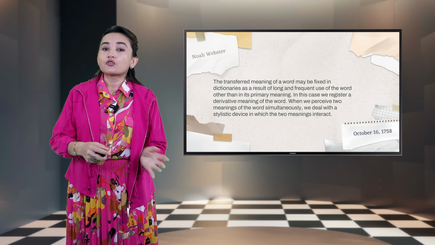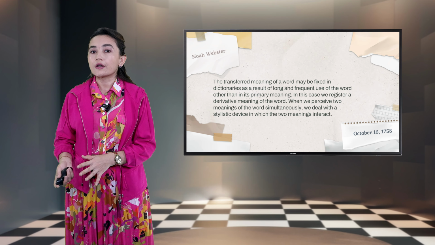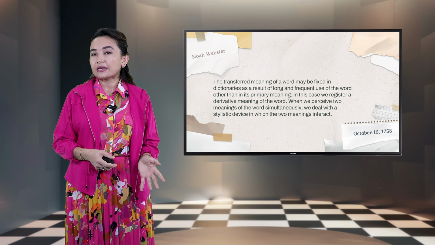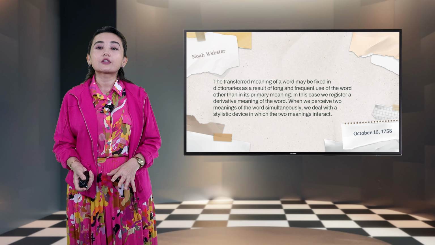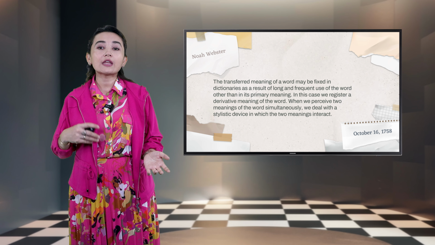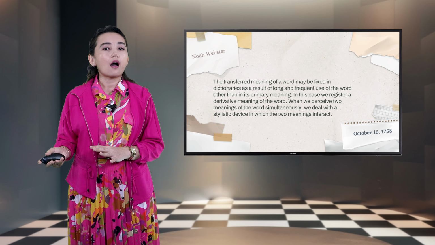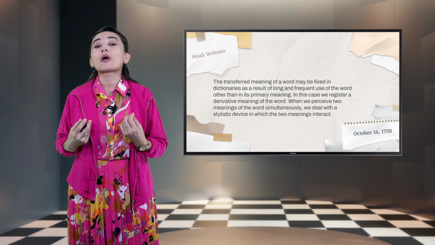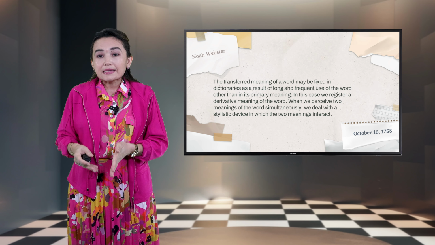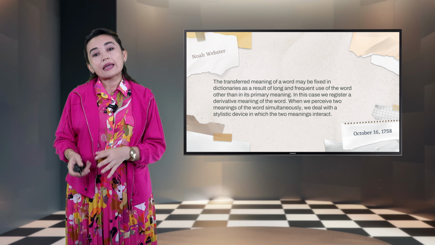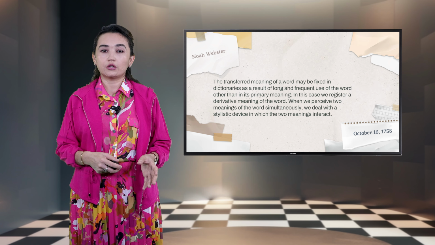The transferred meaning of a word may be fixed in dictionaries as a result of long and frequent use of the word other than in its primary meaning. In this case, we register a derivative meaning of the word.